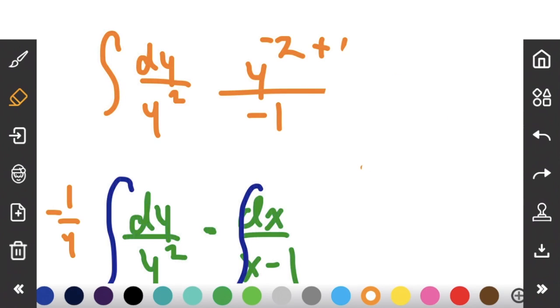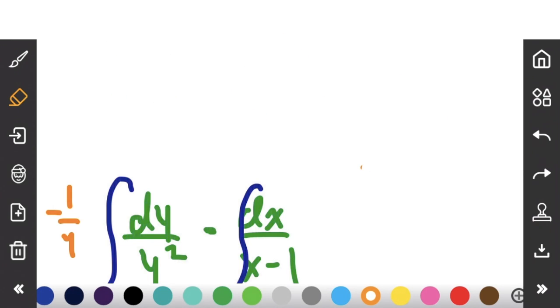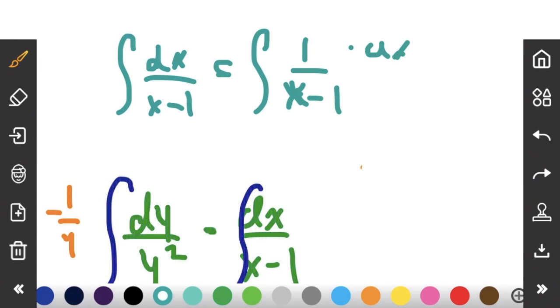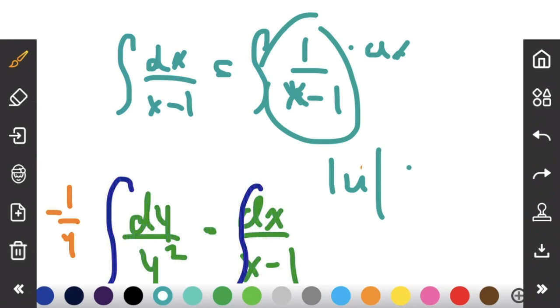And now we'll work with the dx over x minus 1, which is essentially 1 over x minus 1 times dx. You should notice that this looks like a natural log, so the integrated version of that would be ln of x minus 1.